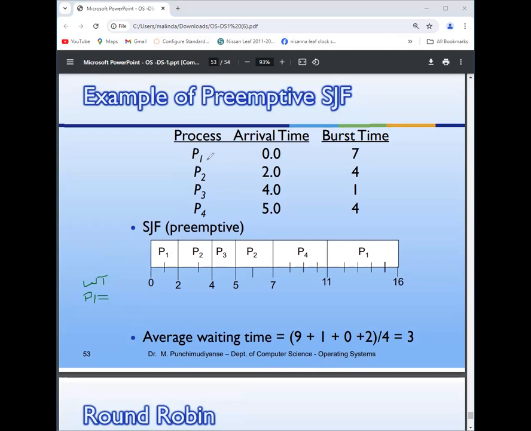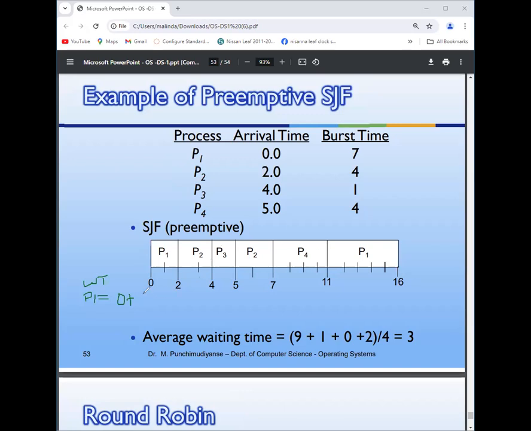When P1 comes to the queue first, it gets the CPU time, so the initial waiting time is 0. But after the second millisecond, P2 was put back to the ready queue and waited, and only after the 11th millisecond did it get the CPU time again.